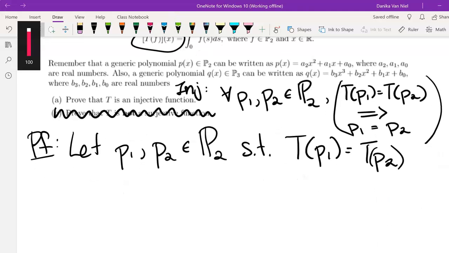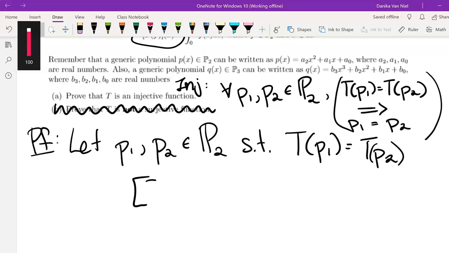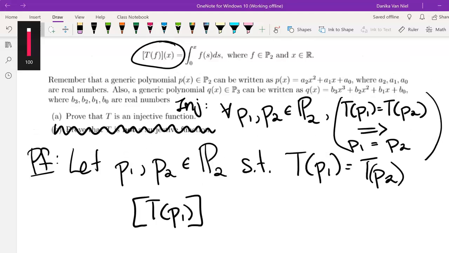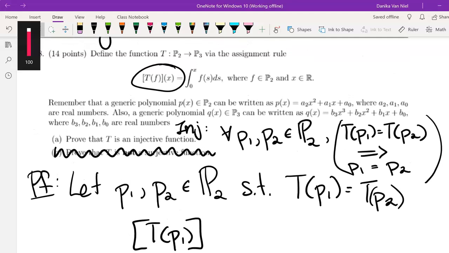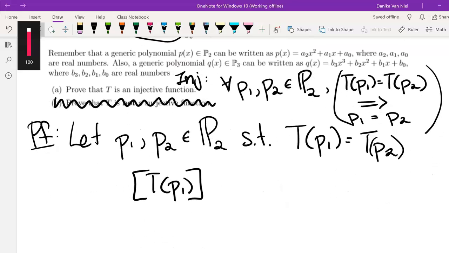But if you think about it, T of p1 is a polynomial because T takes polynomials to polynomials. So what this bracket is saying is that this is a polynomial. We're not sure what it is, it's just wherever T assigns p1, but it's a polynomial, so we can put a variable out in front.